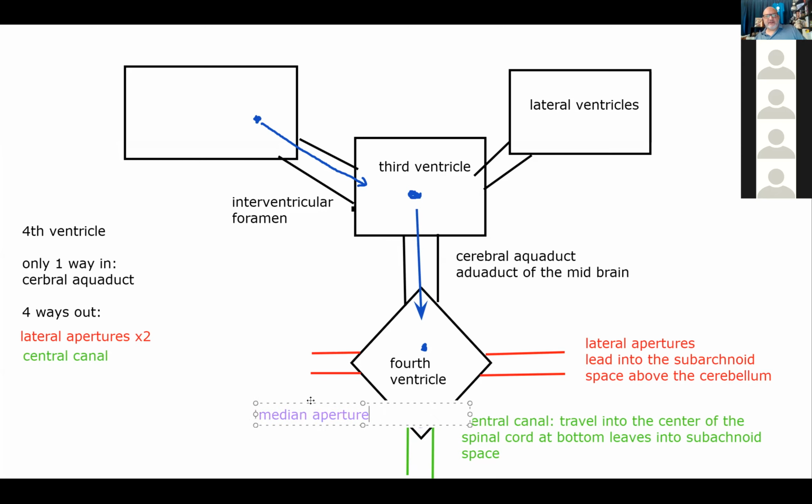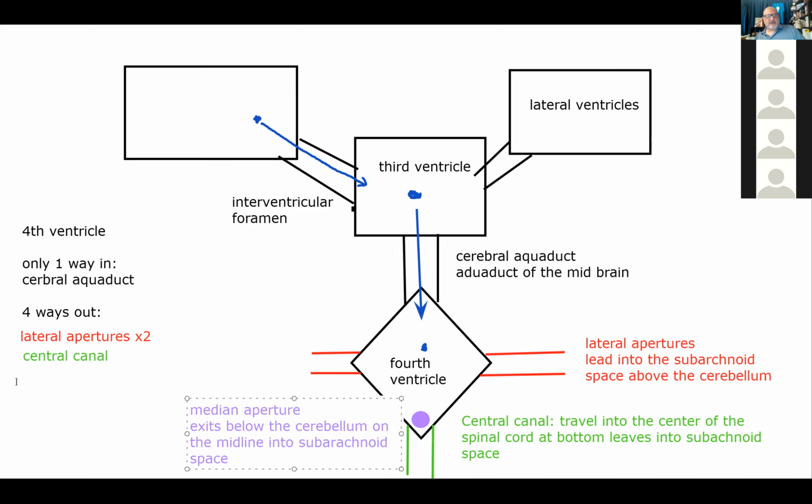It is an opening that exits below the cerebellum on the midline and goes into the subarachnoid space. And so that is our fourth way out. Median aperture.